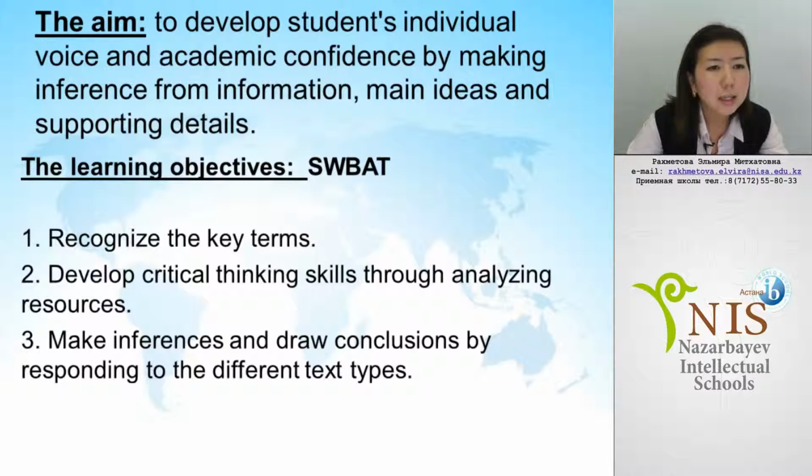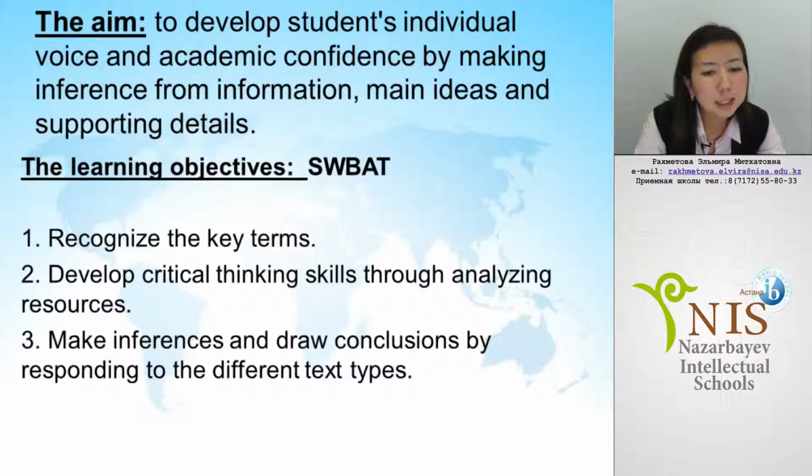So the aim is to develop students' individual voice and academic confidence by making inferences from information, main ideas and supporting details. They should work with different resources where they will try to analyze and draw conclusions.